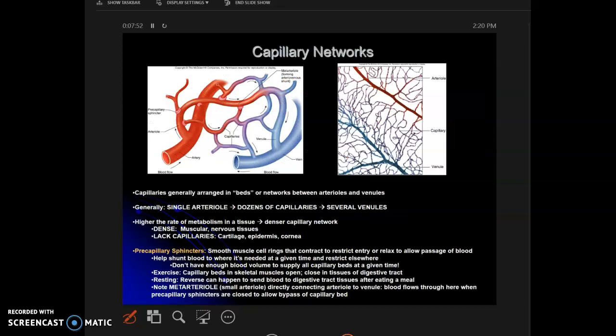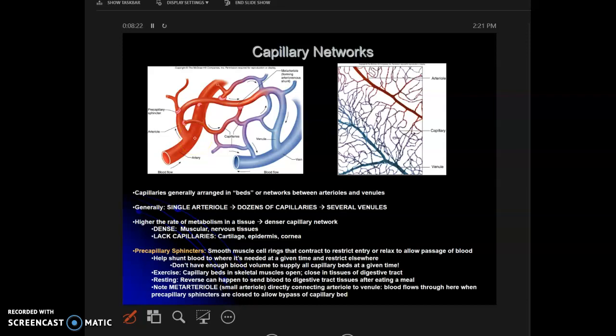You can read up the capillary network, but one thing that I definitely need to point out is the precapillary sphincter. And what happens is that not all the blood goes through all the capillaries at the same time. For example, if you have eaten, definitely you will need more blood going into your digestive tract for digestion and absorption. So therefore these sphincters are open, so more and more blood flow will go into the digestive system.